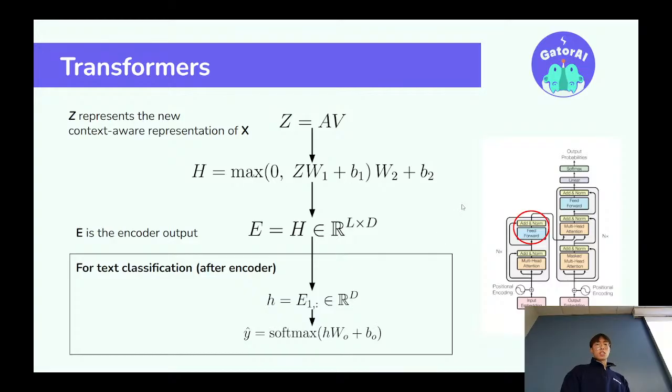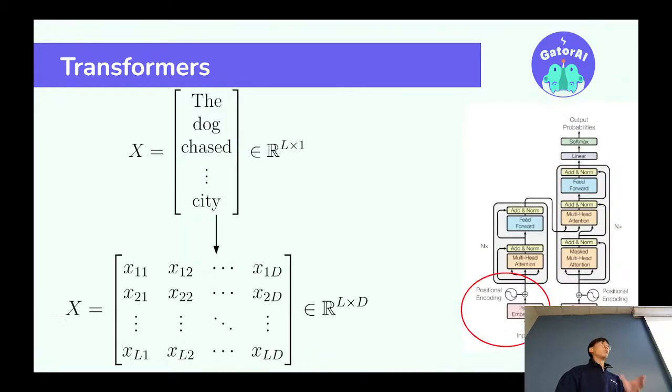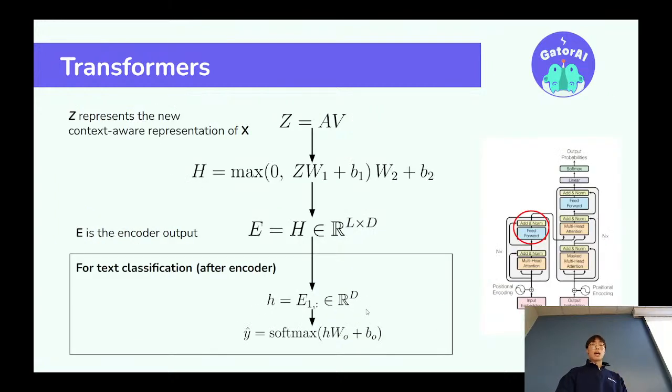We get E, which is our encoder output, and it's just a matrix with the exact same dimension as our original text. It's just that we've now enriched it with the context between itself and other tokens, and we pass it through this neural network.